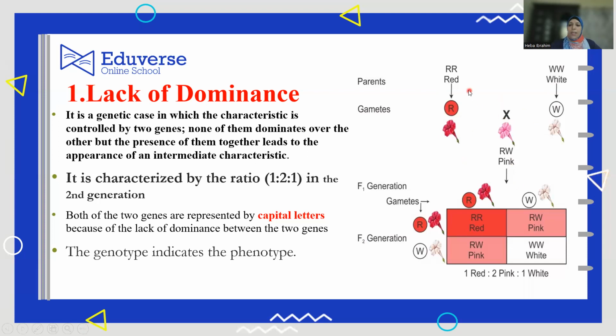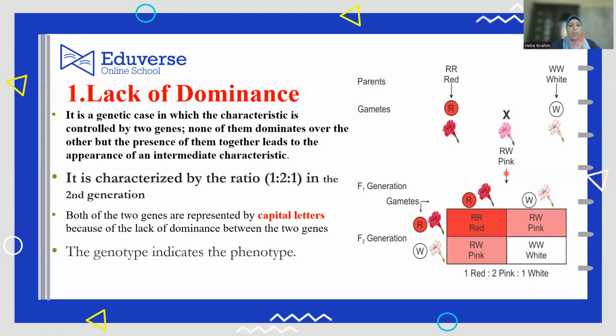Why? Because there is no dominance of the red over the white flowers or white over the red flowers. Each one of these traits is strong enough to express itself. So the product is a new trait, an intermediate trait between the 2 traits of the parents, which is pink color. So if we need to represent the genes for this case, they will be represented by only capital letters.